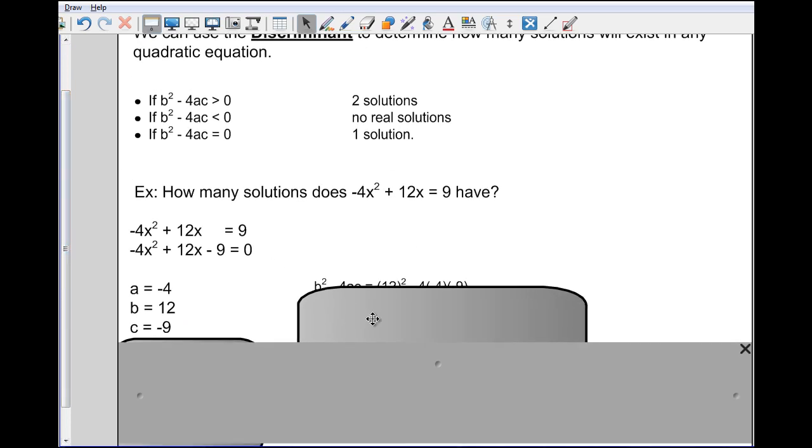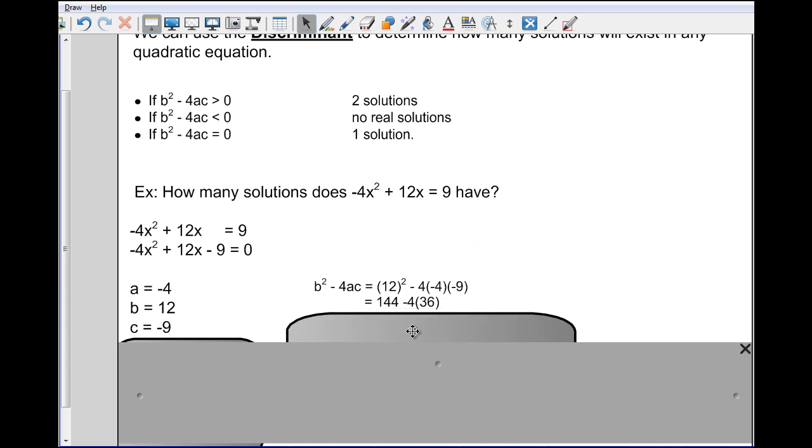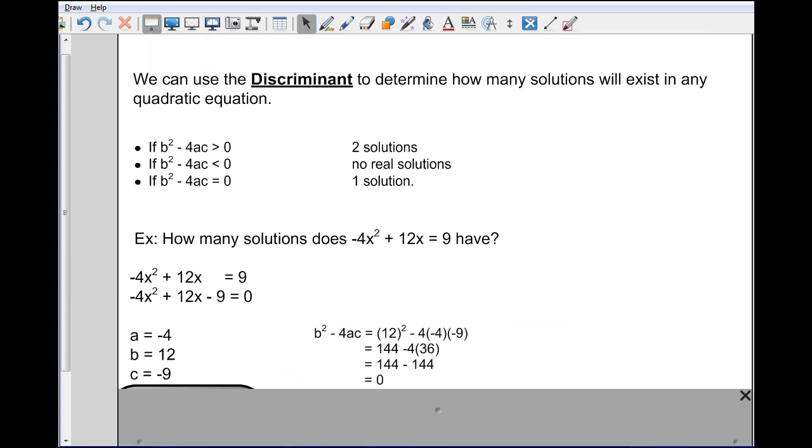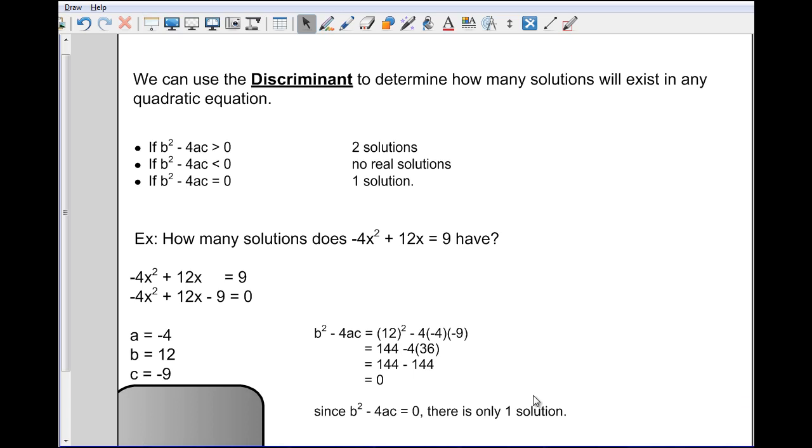Now take your discriminant formula, b squared minus 4ac, and substitute a, b, and c where you see them, and come up with the answer. So I take my b squared, which is 12 squared, minus 4 times a, which is minus 4, times c, which is minus 9, and you just use your BEDMAS properties and simplify, and you'll end up getting 0.